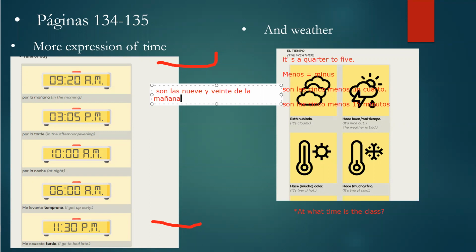Okay, so that's of the morning. Then we have in the afternoon, por la tarde or de la tarde. And then we have por la noche. As I said, this should be a P. So in the night, right? At night. Me levanto temprano, I wake up early. Me acuesto tarde, I go to bed late. So this is a mistake. This should be a P here. Okay.